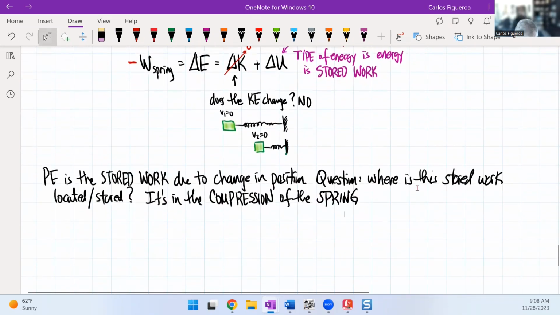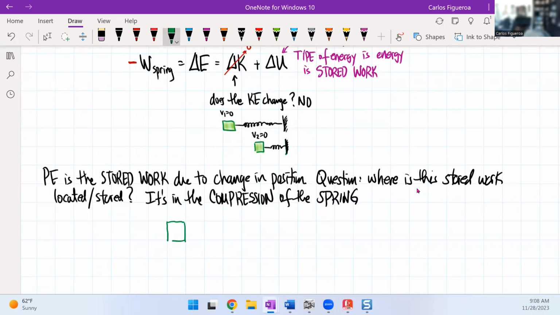So when I look at the spring, I could imagine that I have my block here. And so when I look at my spring, it is all spread out. So what does my work do here? What my work does is that when I compress the spring, I'm deforming the spring so that the rungs of the spring here are all compressed.